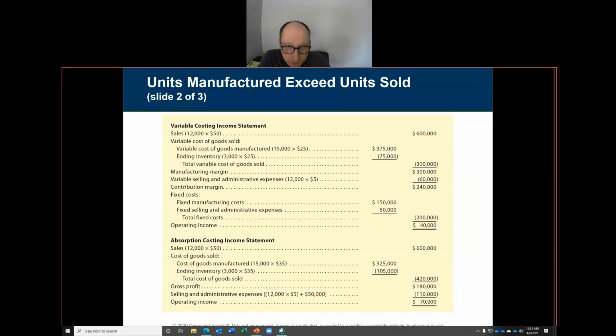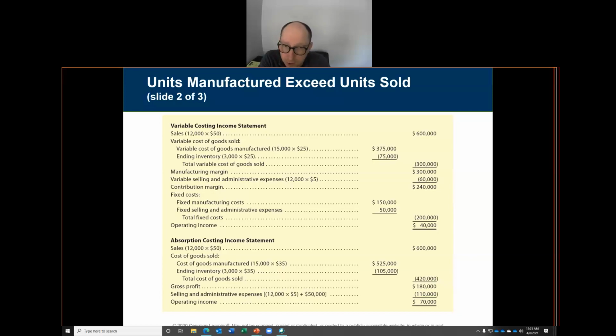Sales, 600,000. I sold 12,000 units. Okay. Variable cost of goods sold. Under variable cost of goods sold, I manufactured 15,000 units, but I only sold 12,000. I still need to account for the 15,000 units that I made. So my variable cost of goods manufactured is 375,000.